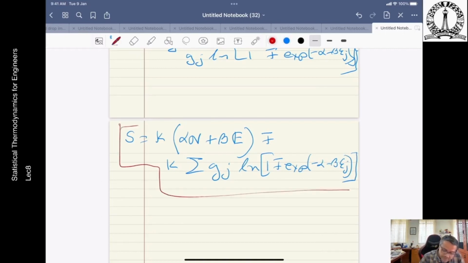But again you still retain the terms alpha and beta, as you can see. So those are not yet determined, so what should you do about it?